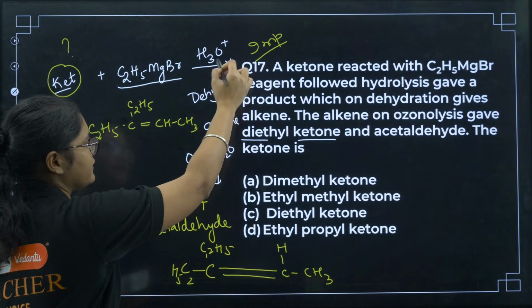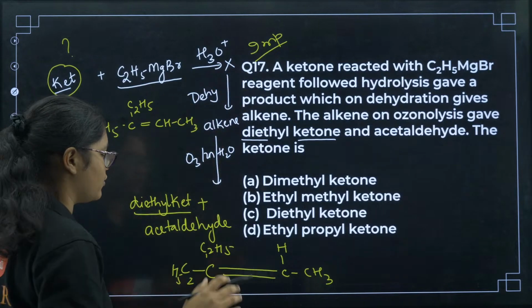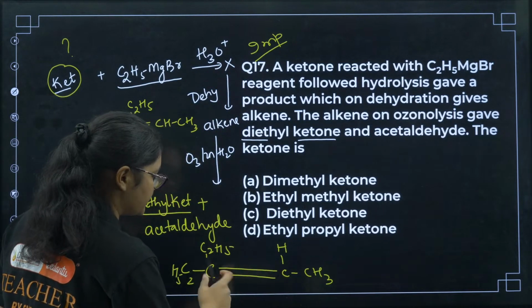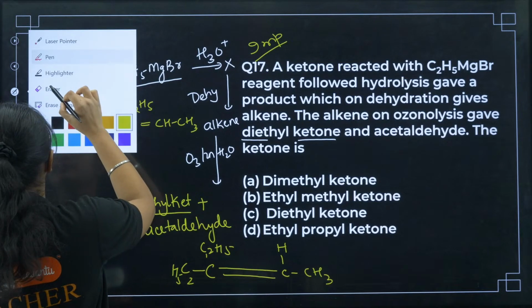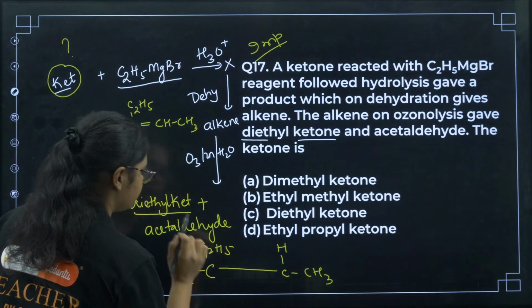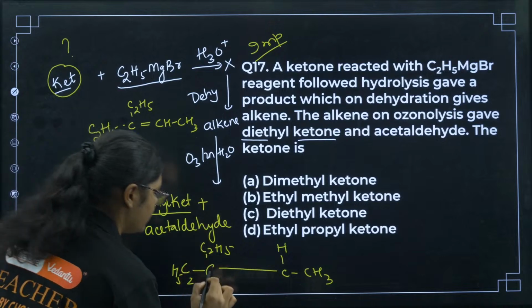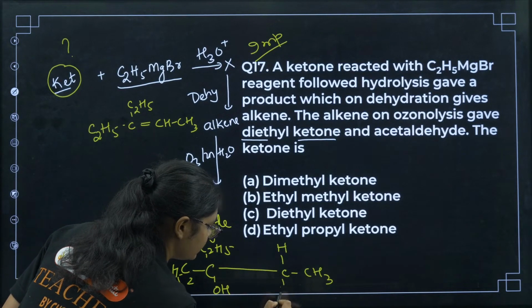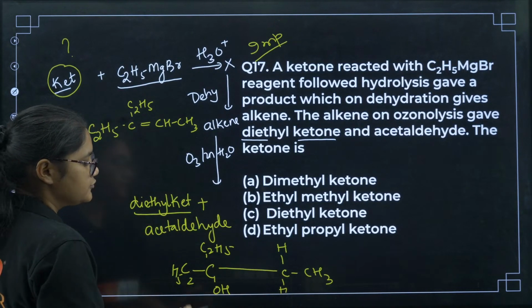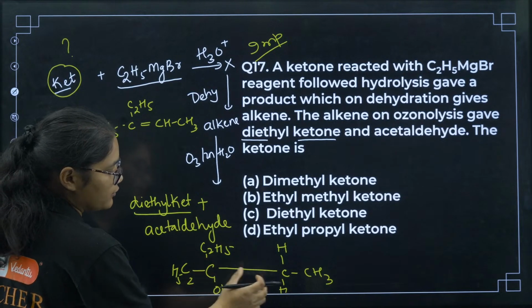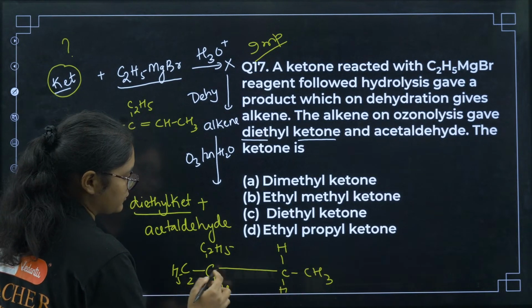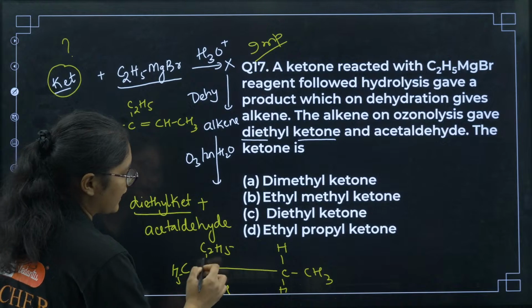So there will be dehydration, so X must be one alcohol. So I can just put H and OH here, right? So you can have OH here and H here. So that means what must be the ketone? You have added this CH3CH2 group, so the ketone must be diethyl ketone.